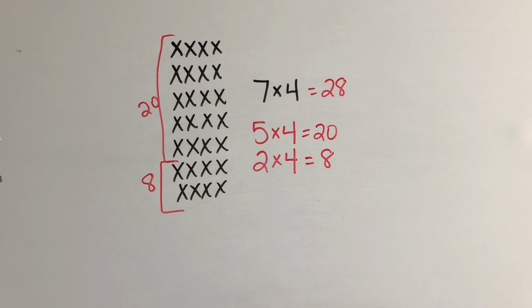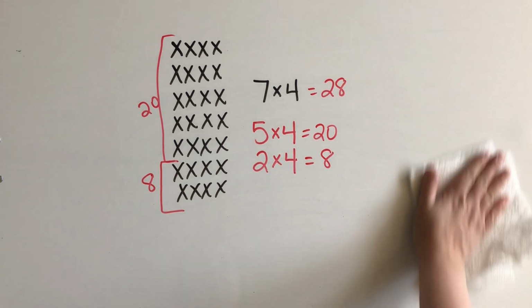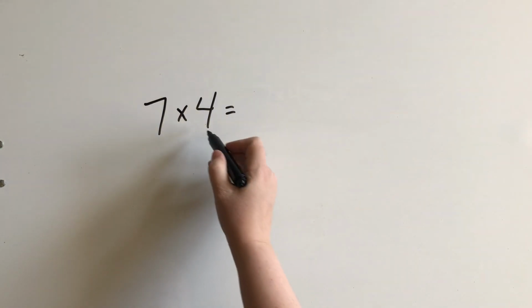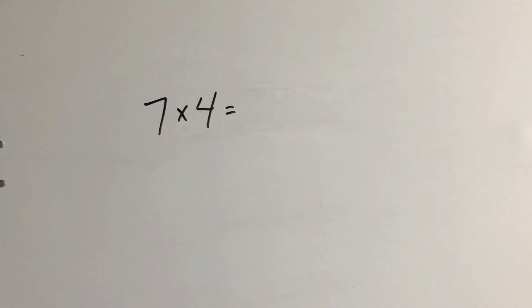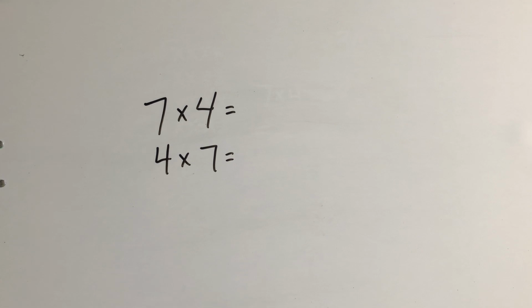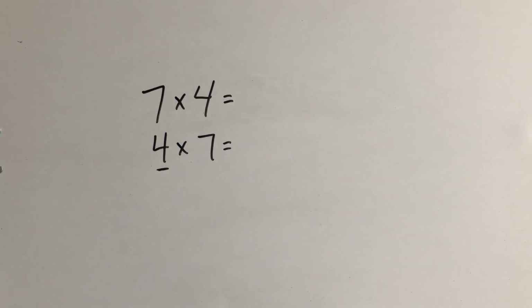Now let's talk about another way I could solve that. If I have 7 times 4, I know that I can change the order of the factors, can't I? So this is the same as 4 times 7. Now what do I know about multiplying by 4s? Well, I know that I can use the double of the double. Let me explain that. If you haven't watched the 4s video yet, make sure you go back and do that.